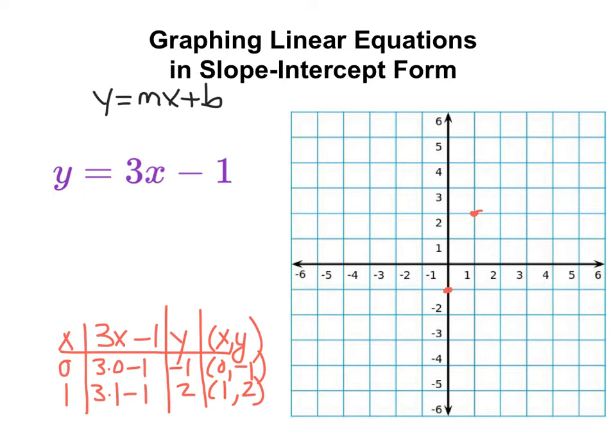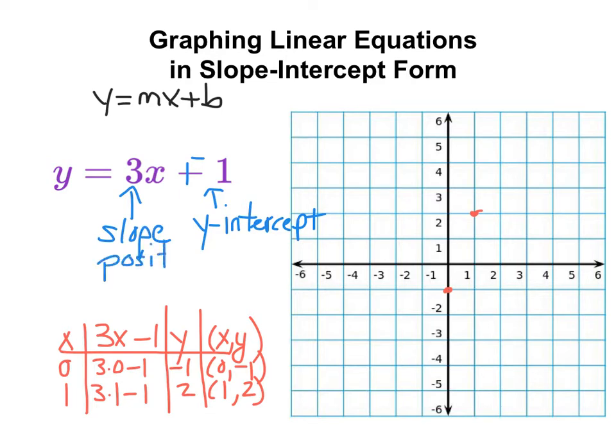The first thing I'm going to do is change this to a negative 1. So my y-intercept is negative 1, and my slope is right here. My slope is positive, and it is 3 over 1.